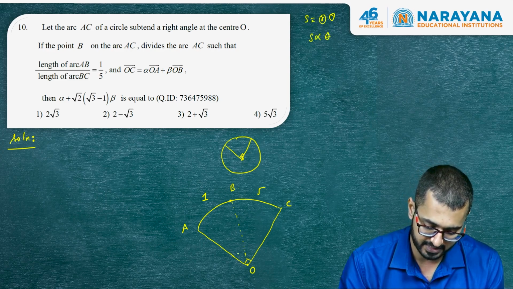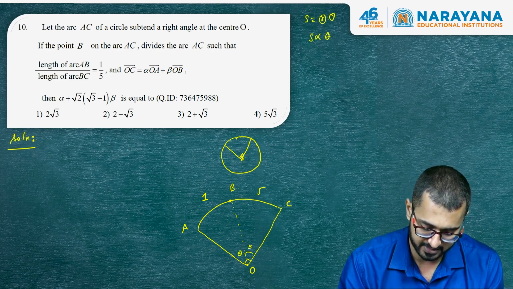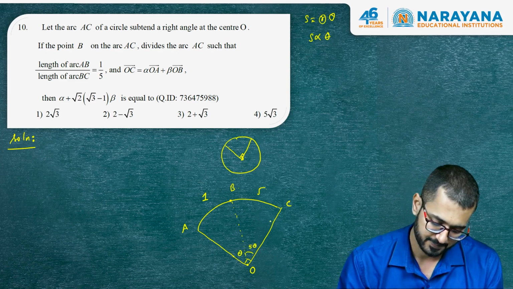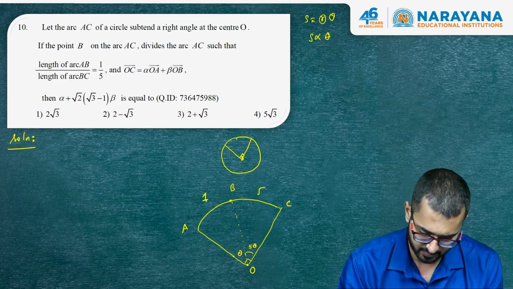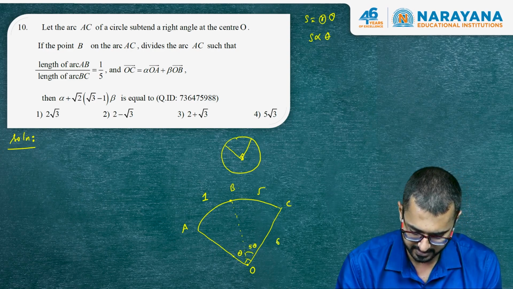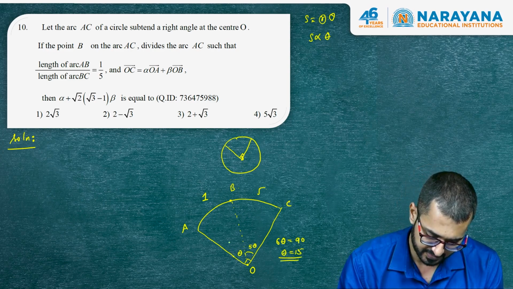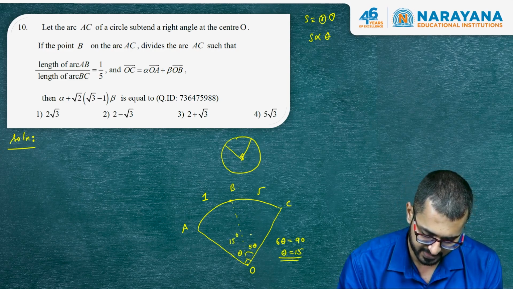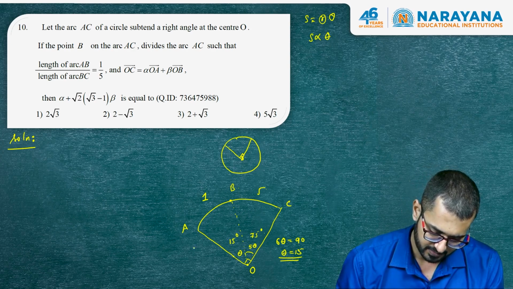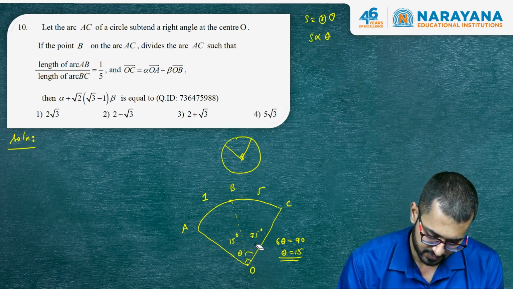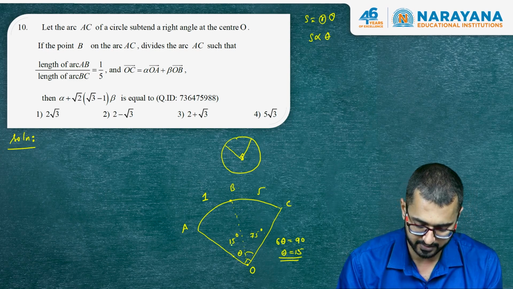If this is theta here, then this is going to be 5 theta. So 6 theta is equal to 90, so theta is equal to 15. That means I have this angle to be 15 degrees and this angle is 75 degrees. It divides in the ratio 1:5, so that's correct.